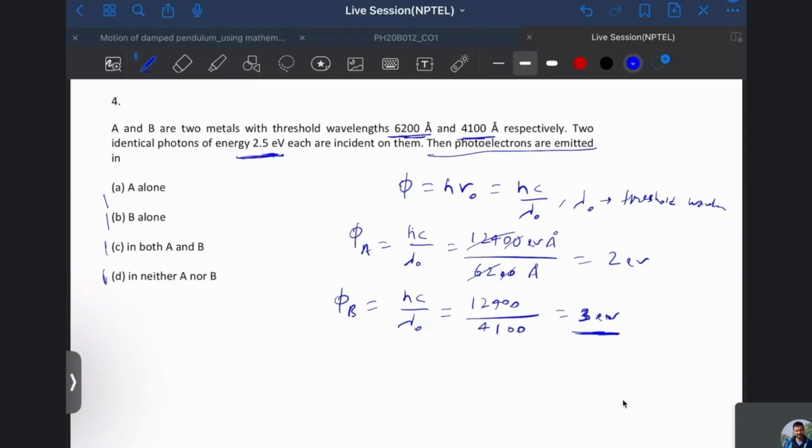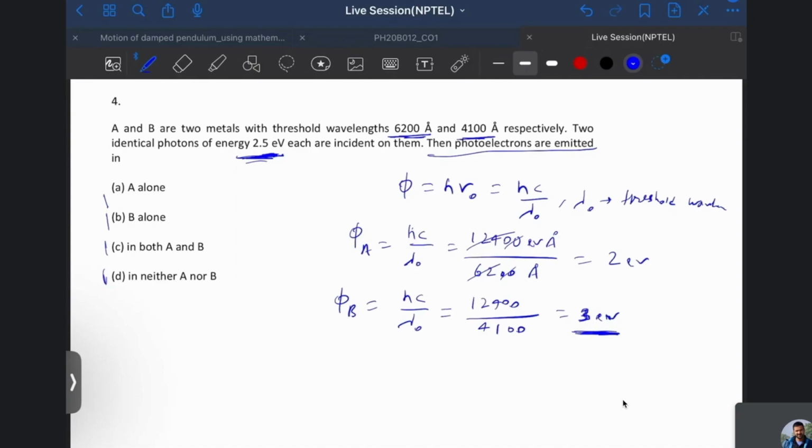Work function is the minimum energy you need to get the electron out of the metal. But the maximum energy you have here for the photon is 2.5 electron volt. How can it overcome a threshold energy of 3 electron volt?